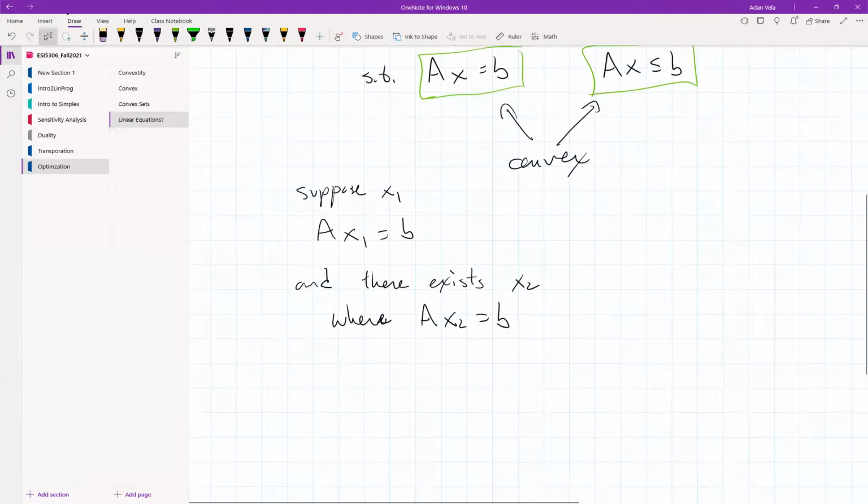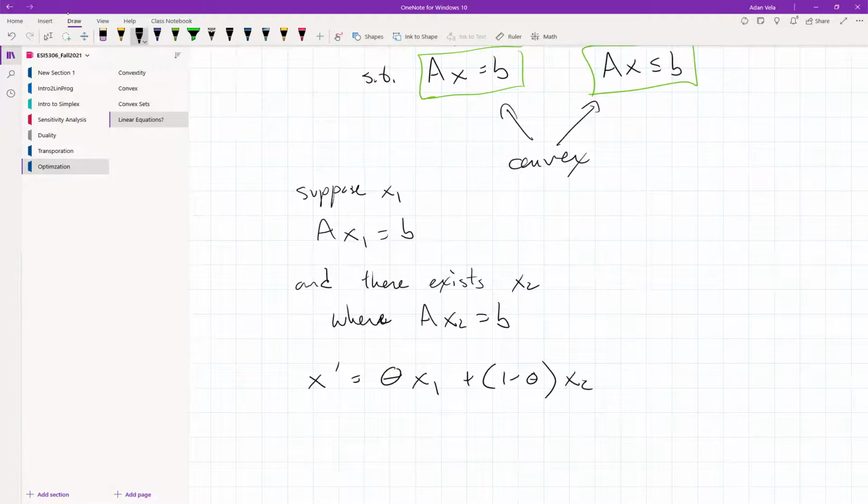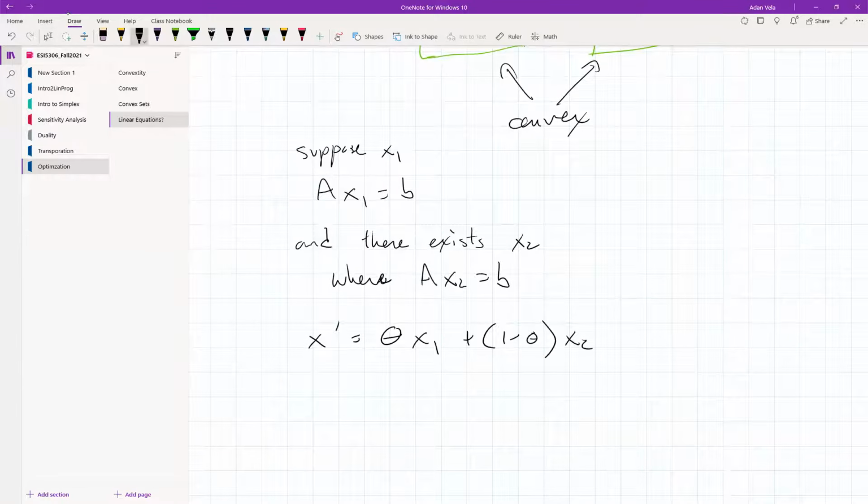Right? So the question becomes, if we try some third point given by the weighted average of x1 and x2, will that also satisfy the linear equation A times x prime is equal to b?